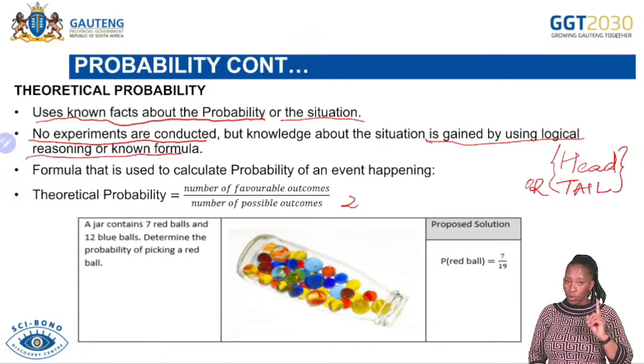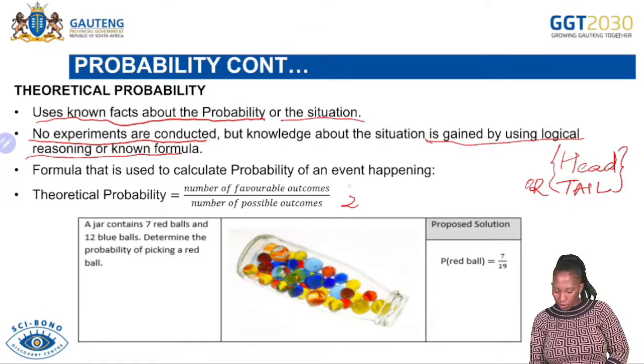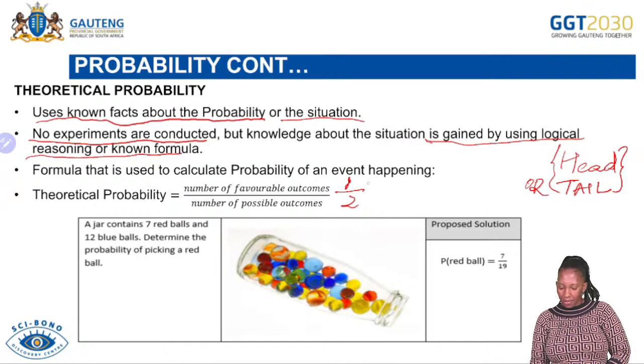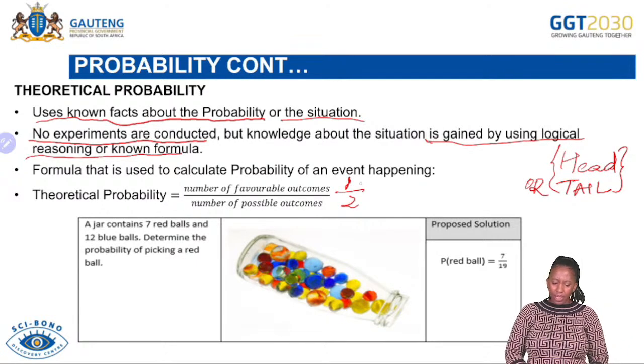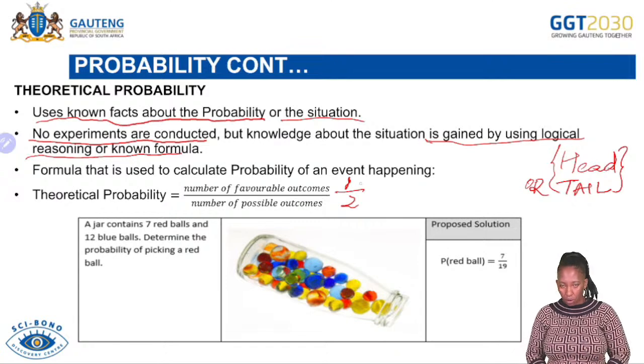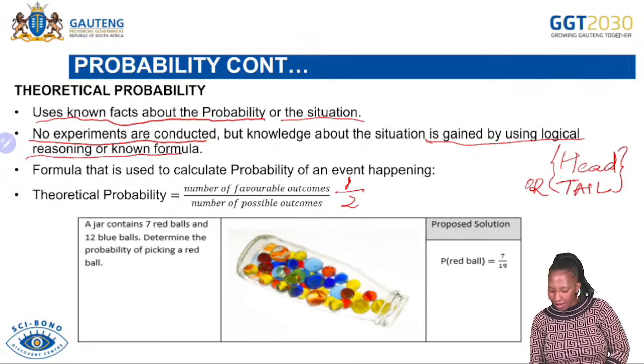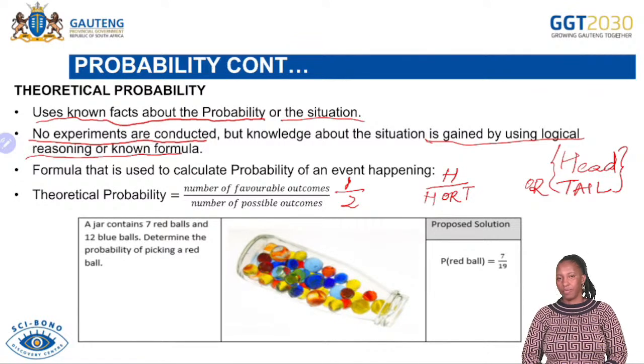I am only going to get one answer. So it's one there. This one is a favorable outcome of tossing a coin. If I get a head, then it will be a head over what? Over a head or tail.